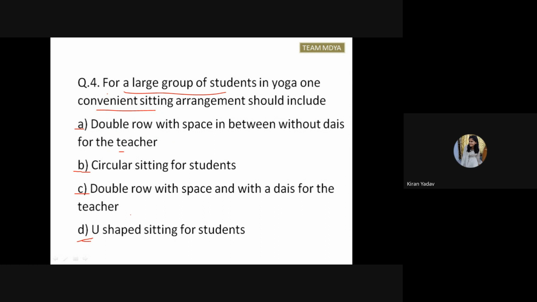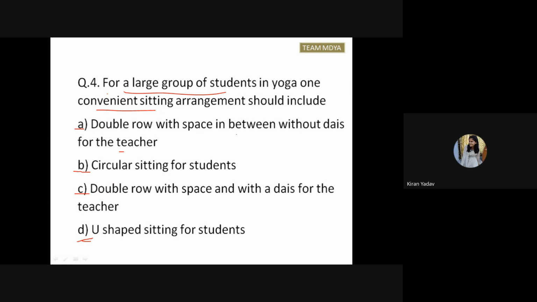Okay, Deepamji, why C? I think first of all, if we arrange them in a row, it will be convenient for the trainer to look at everyone, and also the teacher needs a platform or a stage, because it would be convenient for those at the back to look at the teacher. True.